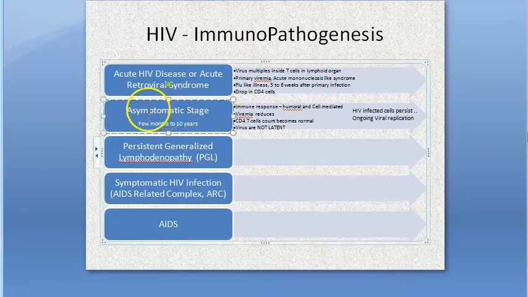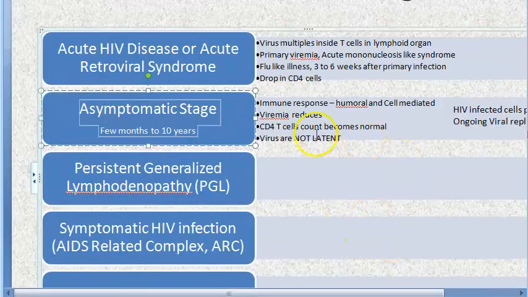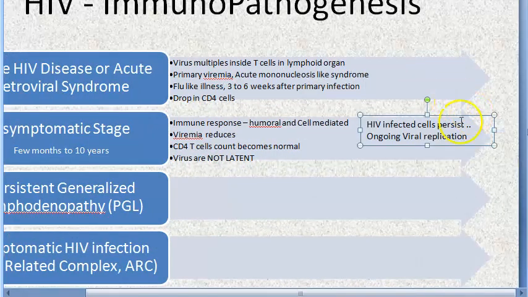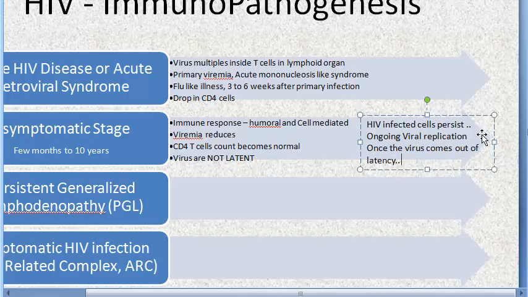So that is the asymptomatic stage, a few months to 10 years. But once it comes out of this latency, it is going to cause death within 2 years. So we'll write that here. Once the virus comes out of latency, rapid progress of disease and death within 2 years.